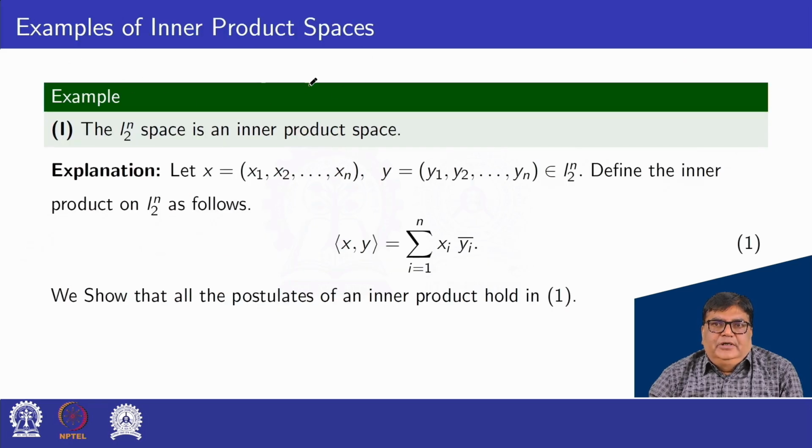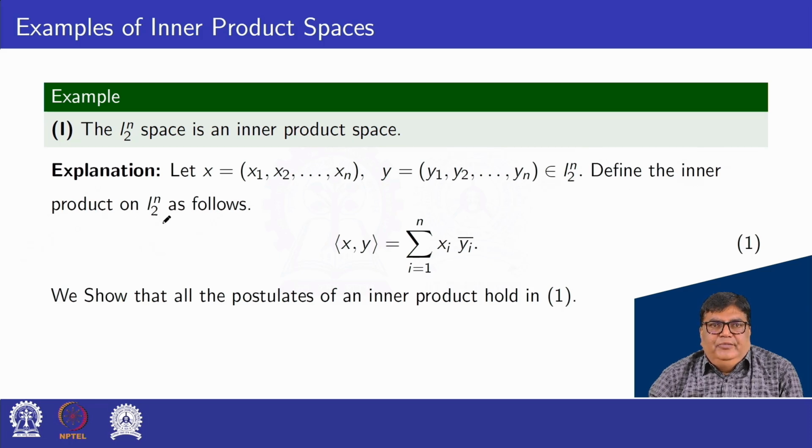Example of inner product space. First example, the L2n space is an inner product space. Let x be the n-tuple x1, x2 and so on xn, and y also the n-tuple y1, y2 and so on yn, both belonging to L2n.